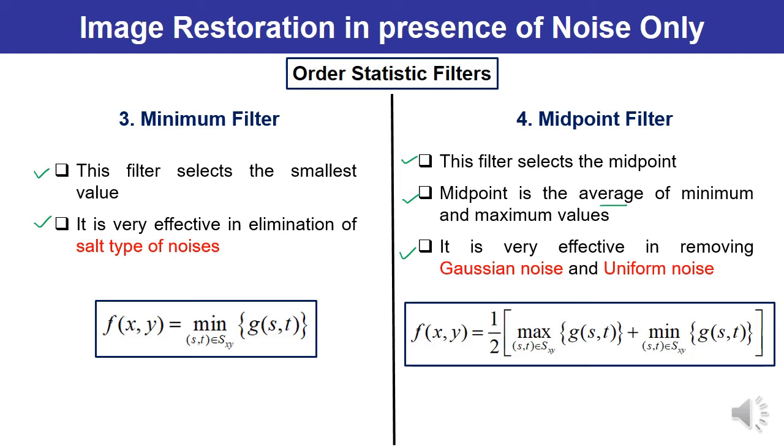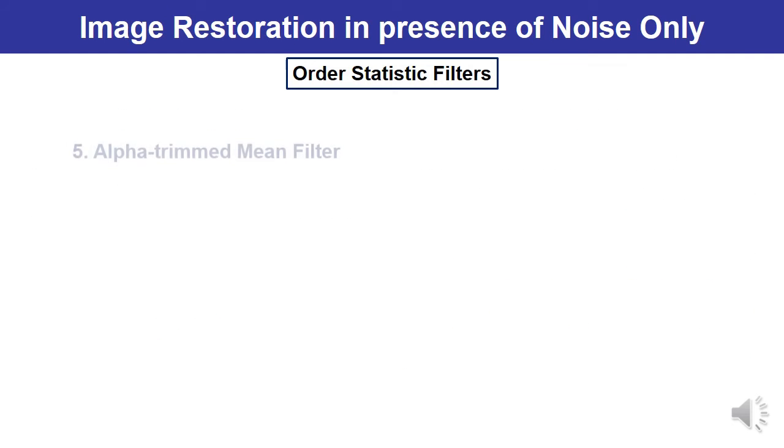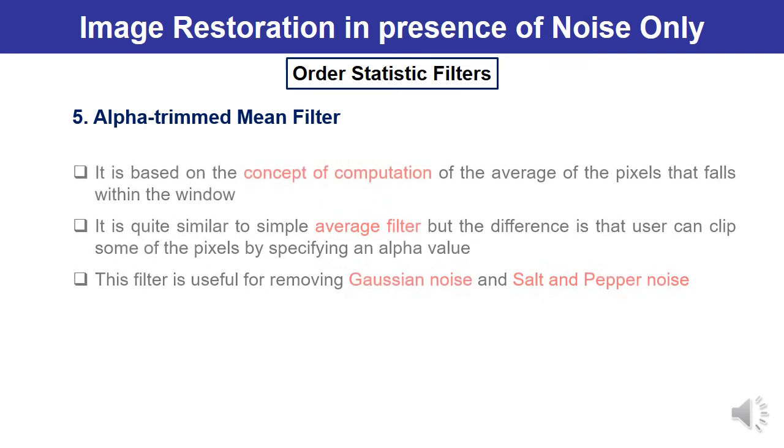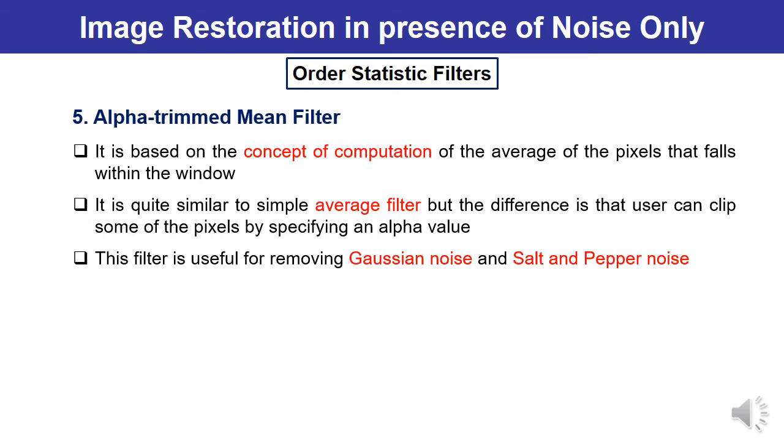The next type of order statistic filter is the alpha trimmed mean filter. This is very important. The alpha trimmed mean filter is based on the concept of computation of the average of the pixels that fall within the window. You must note down this point. It is almost similar to the average filter, but the difference is that the user can clip some of the pixels by specifying an alpha value.